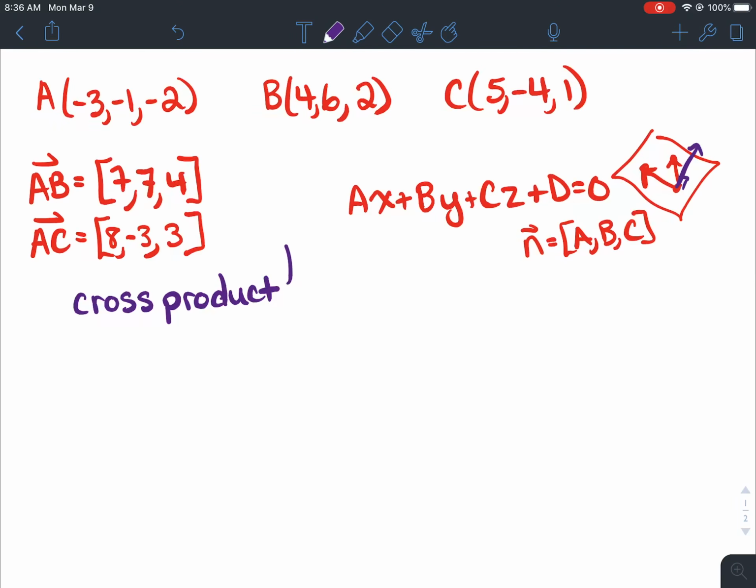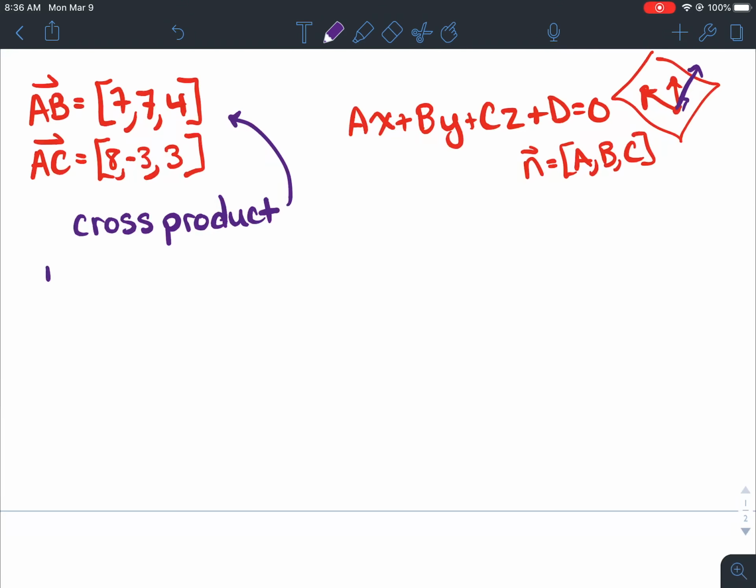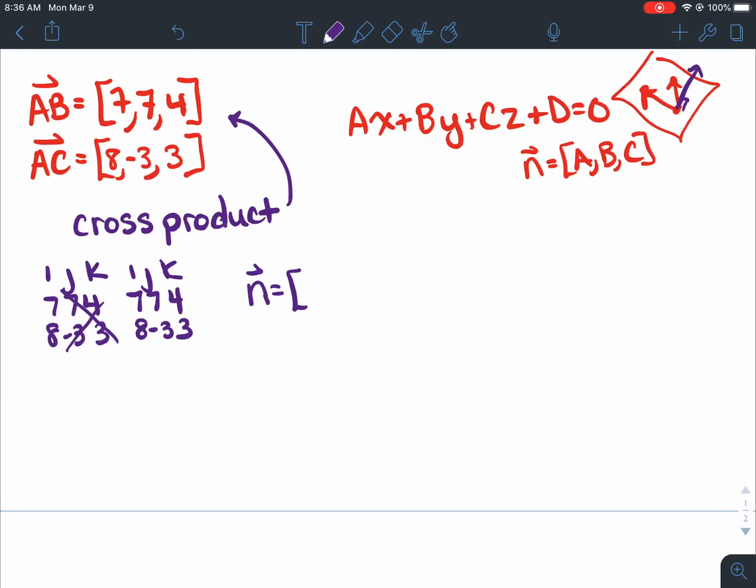So if we take the cross product between these two vectors, that will give us the normal vector. If we set up the ijk thing, 7, 7, 4 and 8, -3, 3, and we do this whole thing, we will come up with the normal vector, which I already did ahead of time, and I got 33, 11, and -77. Kind of big. So if you do cross product, that's what you get.